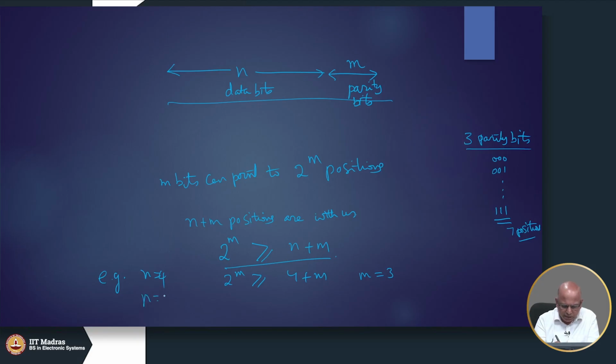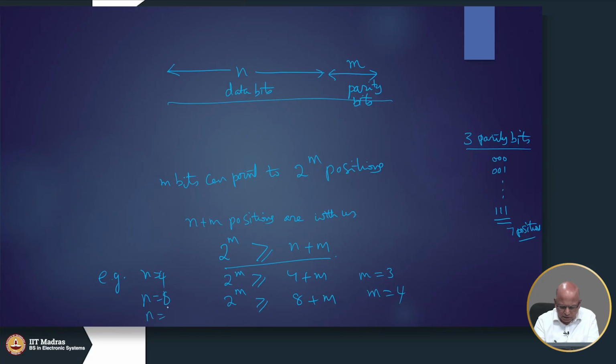When n equal to 8, 2 to the power m must be greater than or equal to 8 plus m. So, m equal to 3 will not work, because on the left hand side we have 8, and the right hand side we have 11. When m equal to 4, we will get 16 on the left hand side and 12 on the right hand side. So, m equal to 4 will work.